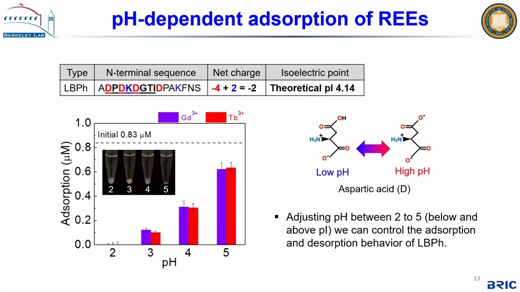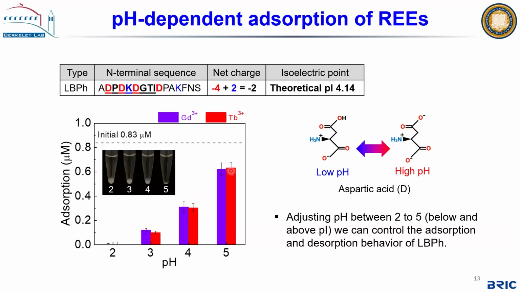At pH 5, the K is positive, so D is the major part binding to the light REs, light lanthanides. They are negatively charged at high pH, but they lose their charge at low pH. So by controlling the pH, we could adjust the adsorption amount on the surface of the virus.